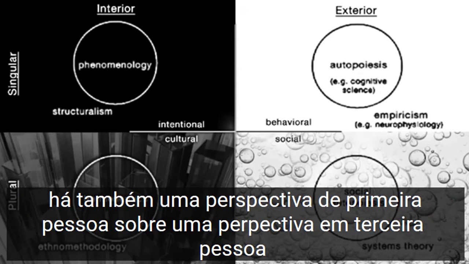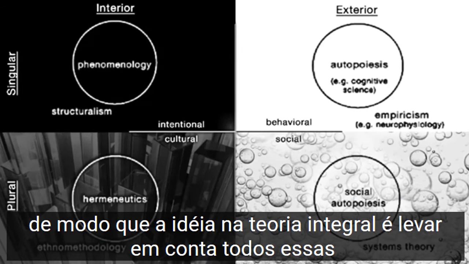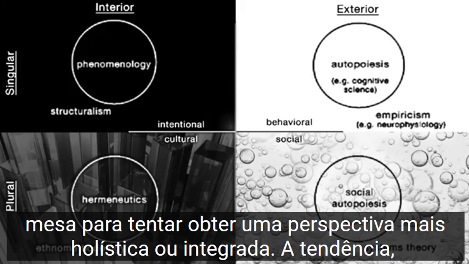In the upper right quadrant, there's also a first-person perspective on a third-person perspective and a third-person perspective on a third-person perspective. So the idea in integral theory is to take into account all these perspectives, all of these approaches to knowledge, and see what they all bring to the table to try to get a more holistic or integrated perspective.